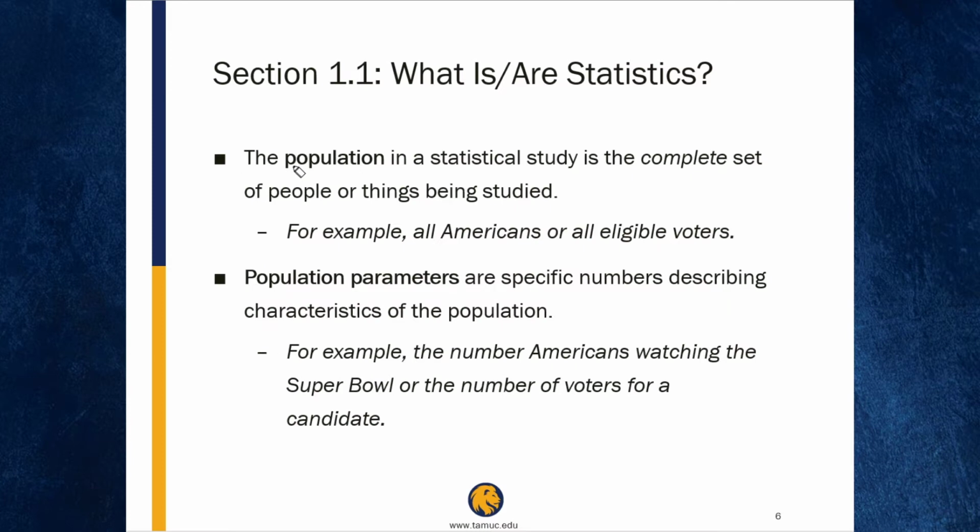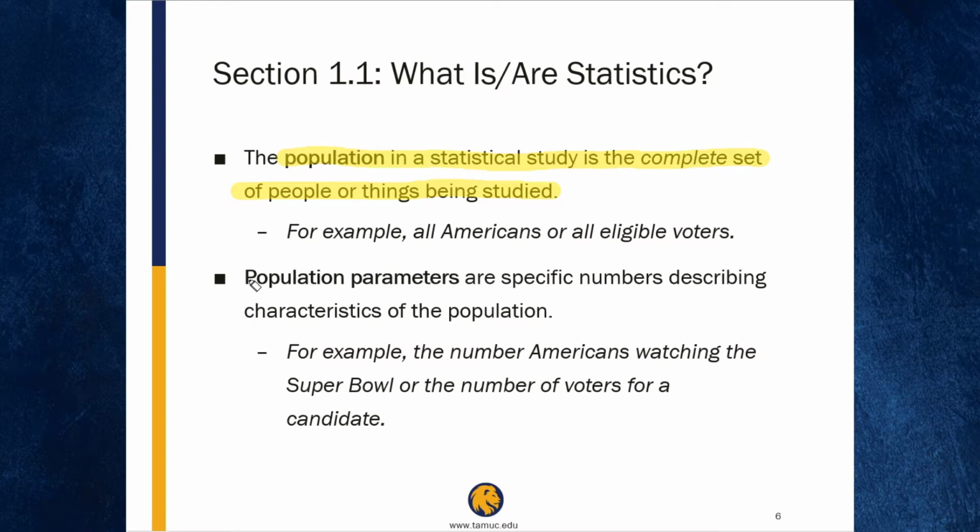So in general, the population in a statistical study is the complete set of people or things being studied. For example, it could refer to all Americans or all eligible voters. Whatever set we're trying to study is referred to as the population, and it can vary depending on what we're studying.